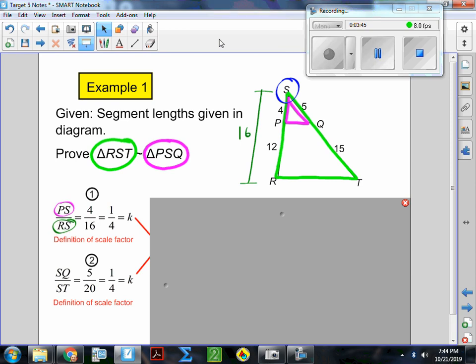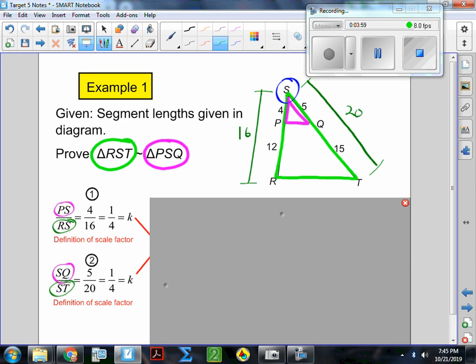My second step is to look at my other side. SQ is for the pink triangle. It's equal to 5. ST is for the big green triangle. It's equal to 20, because 5 plus 15 gives you 20. 5 over 20 is also equal to 1/4, definition of scale factor.